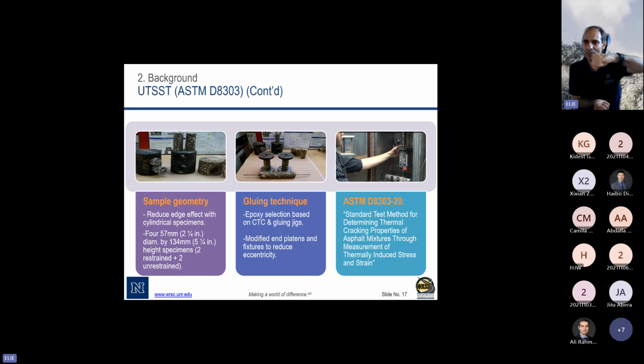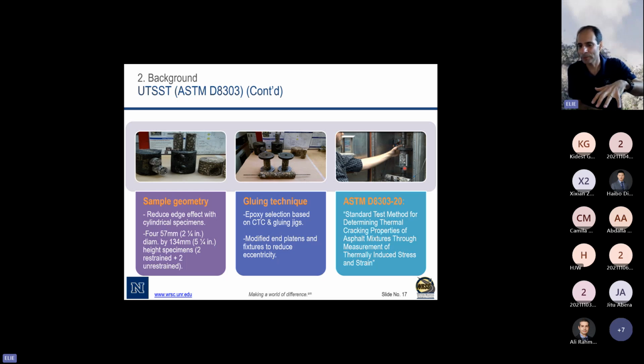And then in that chamber, we have a closed feedback loop where while we're dropping the temperature at a constant rate, we maintain the height of the specimen constant. So what does that mean? Imagine that the specimen is free to move. When you drop the temperature, what's going to happen? It's going to shrink, and you're going to end up with some compressive thermal stresses.